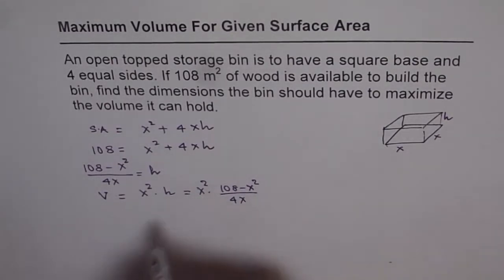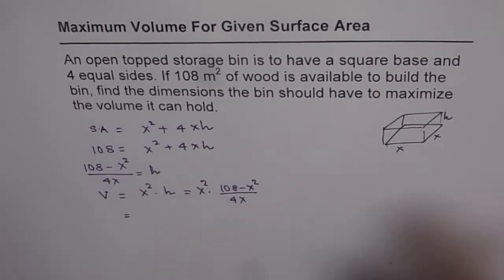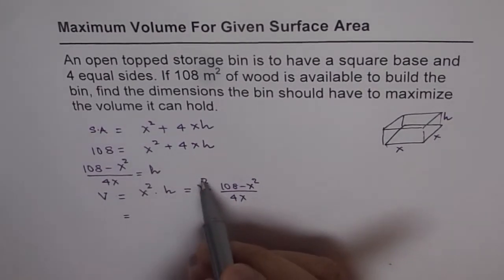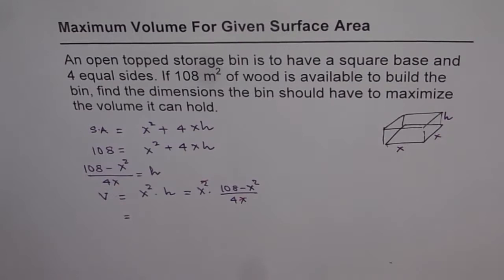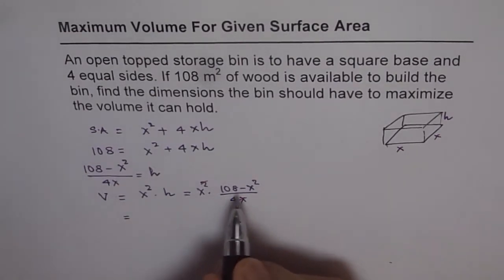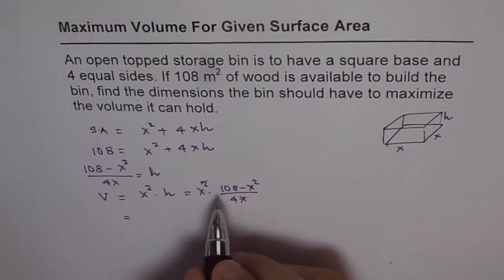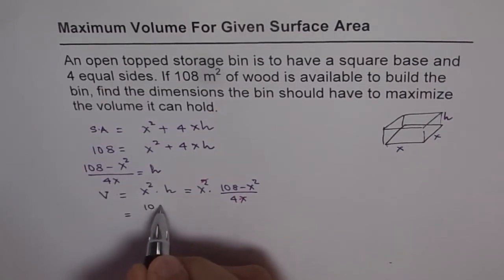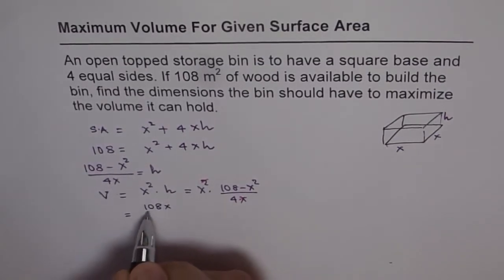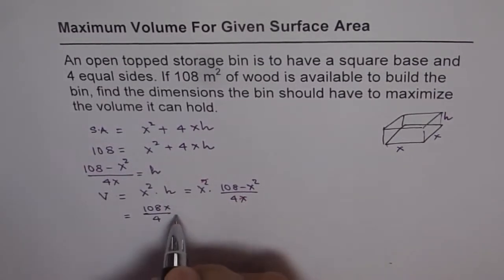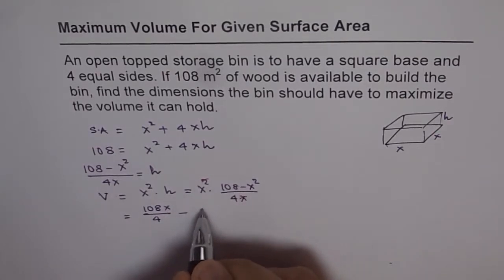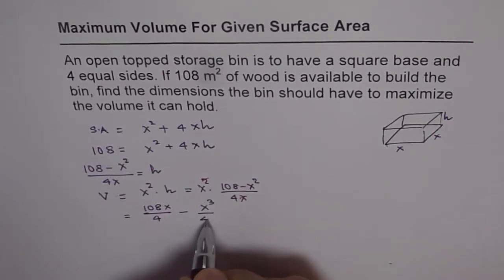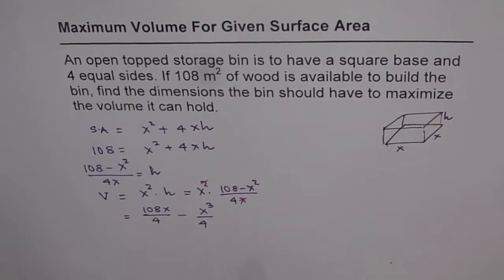Now it's a good idea to simplify this expression. So we can see that x squared gets cancelled with x, and then we can divide by 4 and simplify it. So we get 108x over 4 minus x cubed over 4. So that is the volume for us, correct?